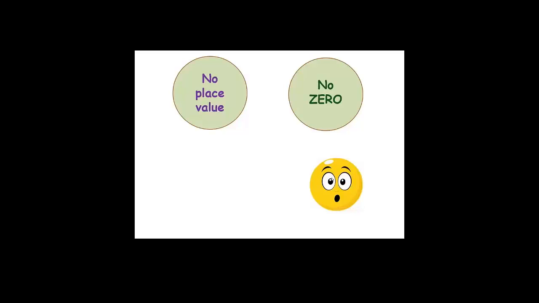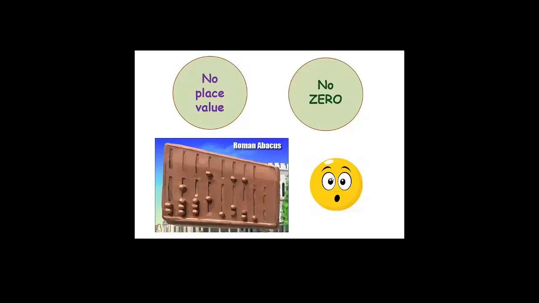So how did they do all the mathematics needed to construct their great buildings, keep track of their armies, collect taxes, and make the complex calculations involved in creating the calendar? The answer was, they used the Roman abacus. All calculations were done on this device and then Roman numerals were used only to record the total.